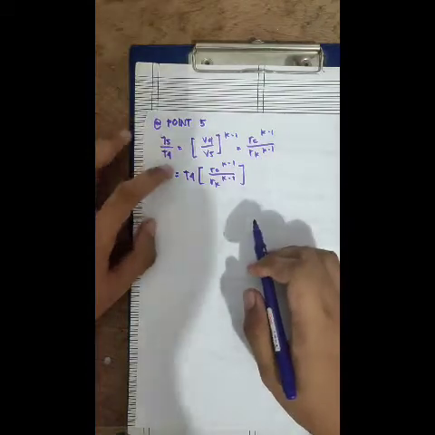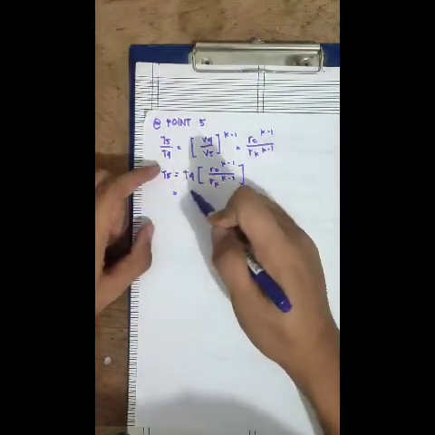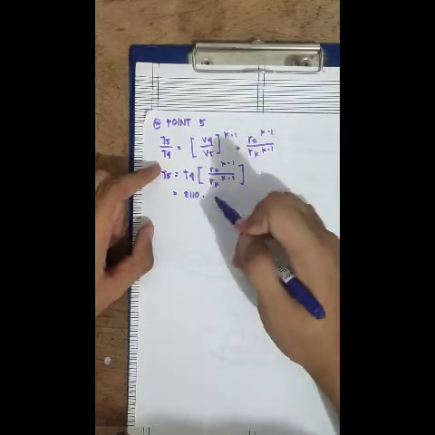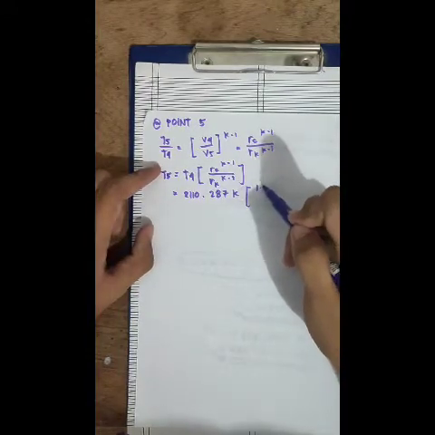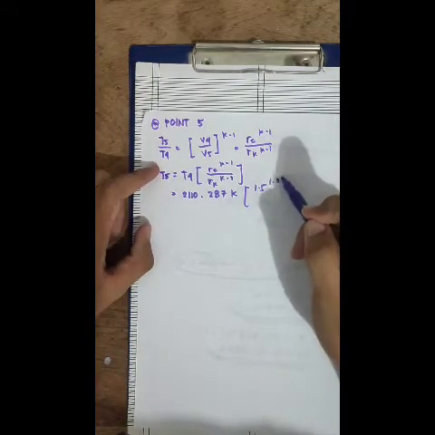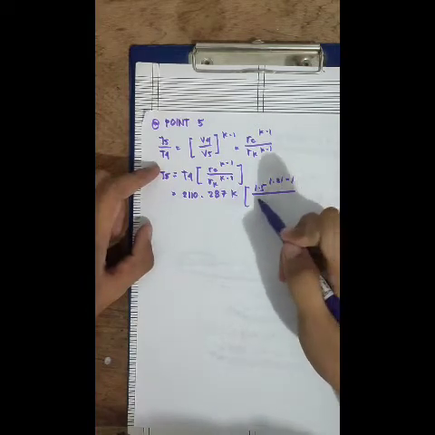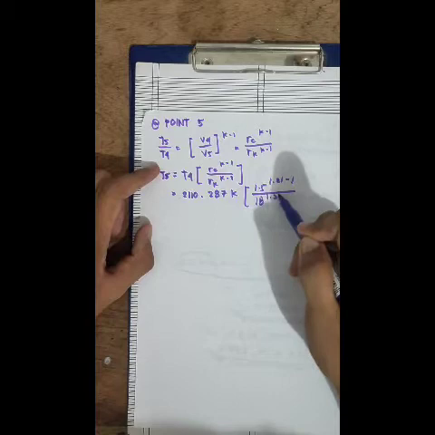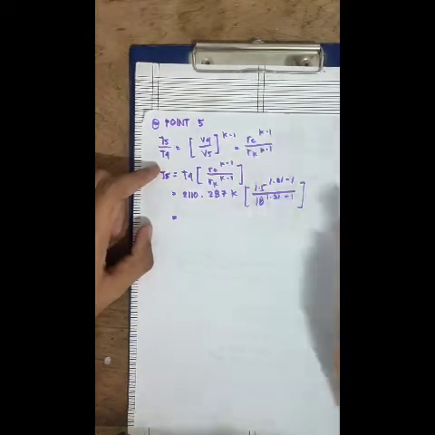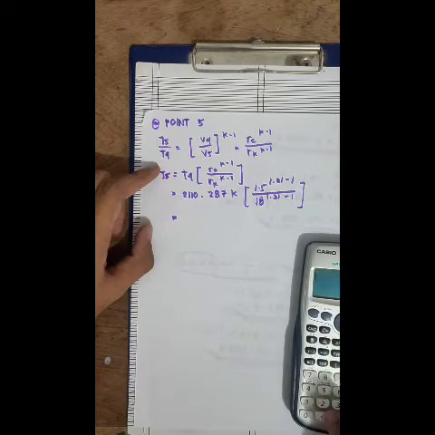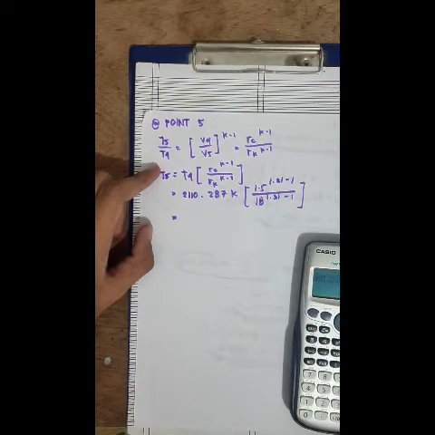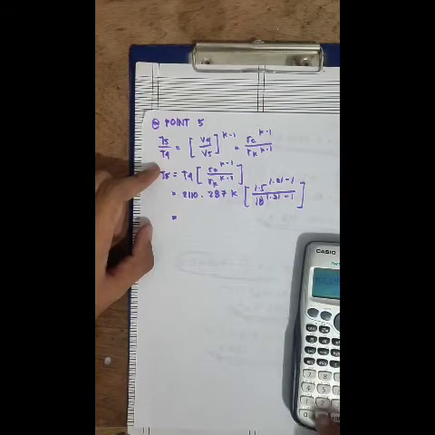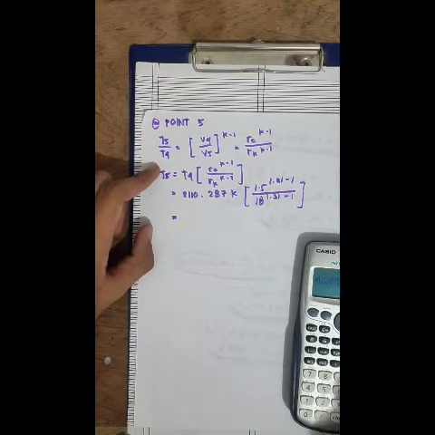So we substitute the data here, which is T4 equal to 2110.287 Kelvin multiplied by RC, which is 1.5 raised to 1.31 minus 1, over 18 raised to 1.31 minus 1. So from this, we can compute the answer. 1.5 raised to 1.31 minus 1 over 18 raised to 1.31 minus 1.